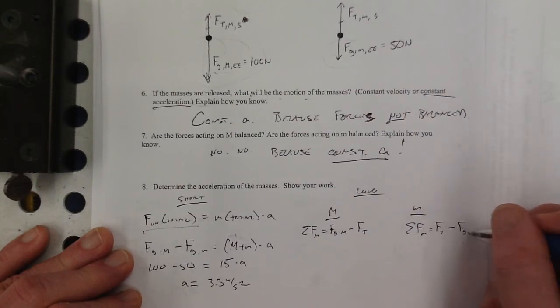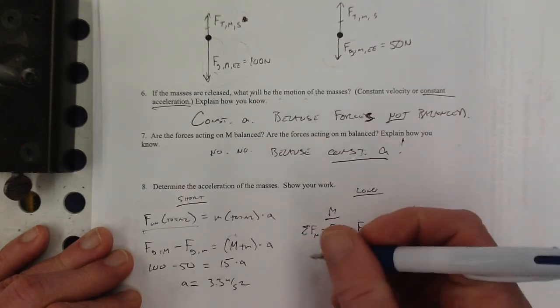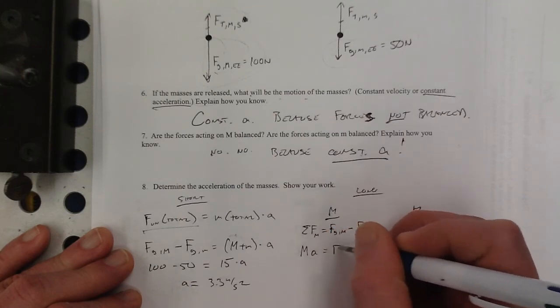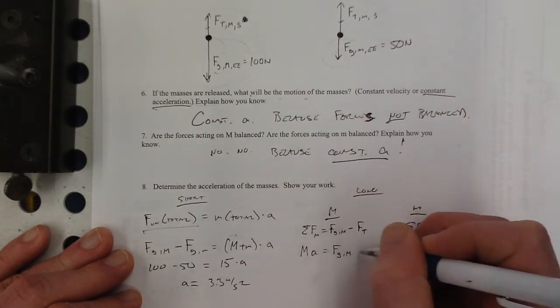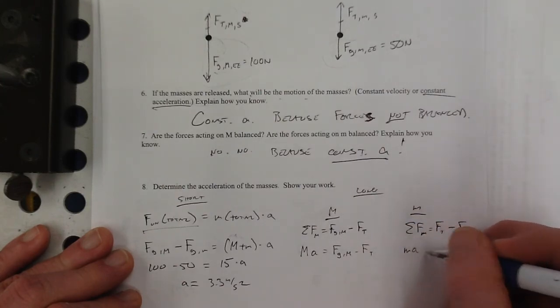Gravity's losing. So this is unbalanced forces equals mass times acceleration. This is the big M. And this is little m.